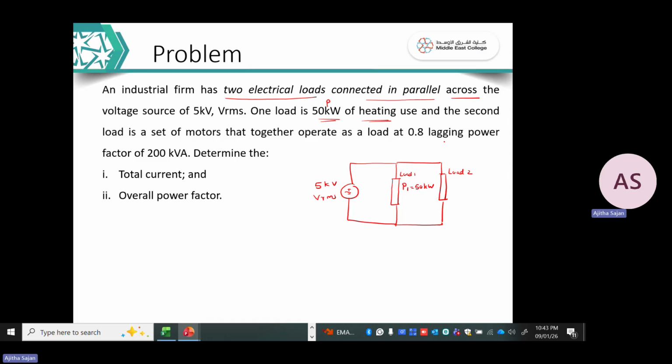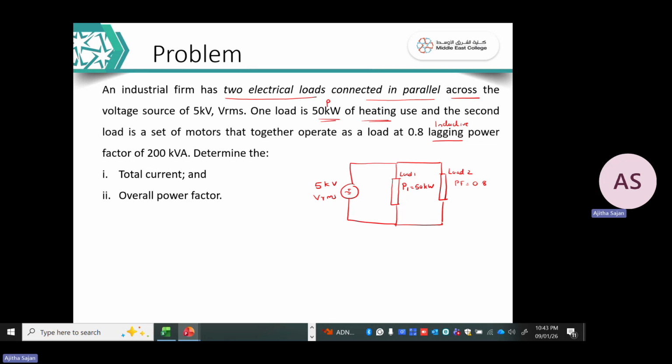The second load is a set of motors that together operate as a load with 0.8 lagging power factor. Understand that a lagging power factor is inductive, that is plus j, or the angle is positive. So the power factor is given for load 2 as 0.8, and since it is lagging, it is inductive.